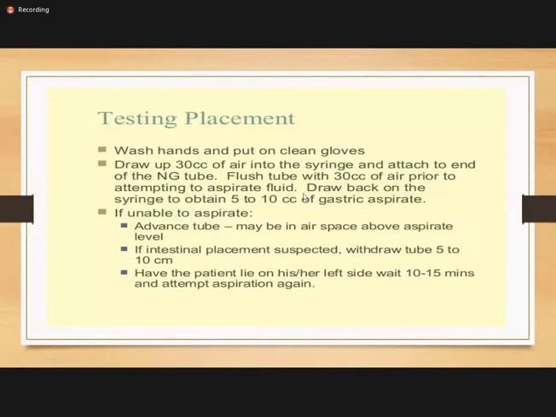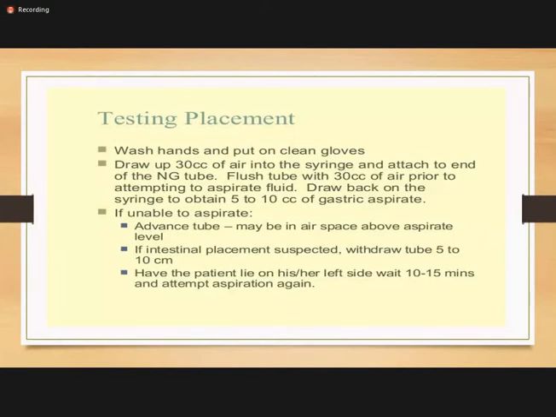Draw back on the syringe to obtain 5 to 10 cc of gastric aspirate, it means we are placed into the stomach. If unable to aspirate, the advanced tube may be in air space. If intestinal placement is suspected, withdraw the tube 5 to 10 centimeters.